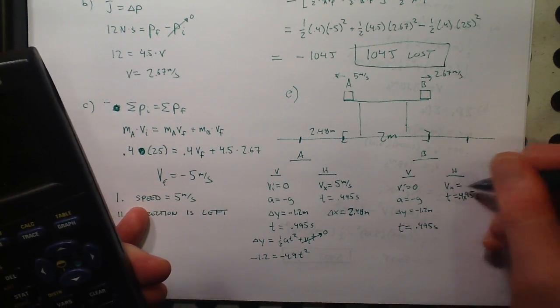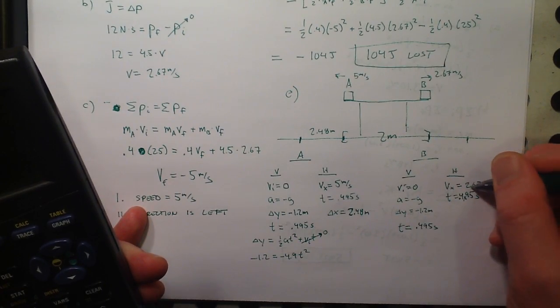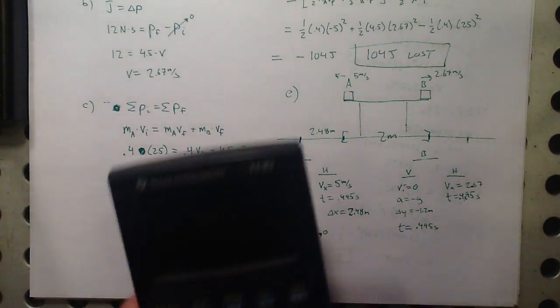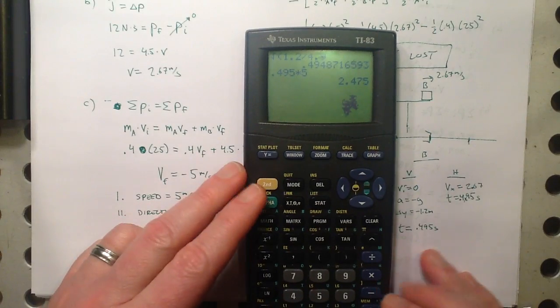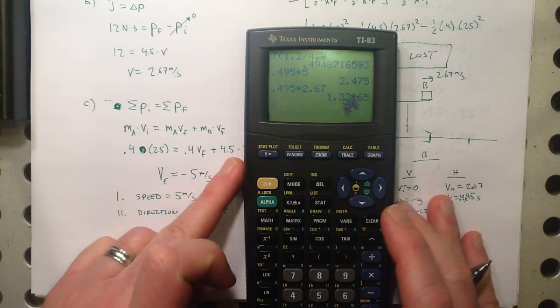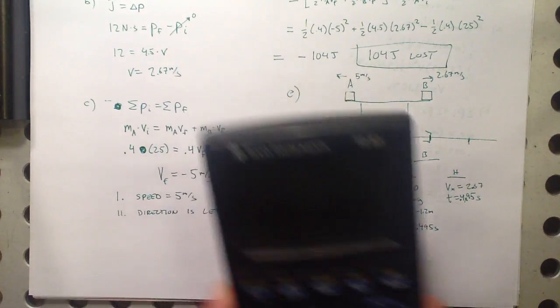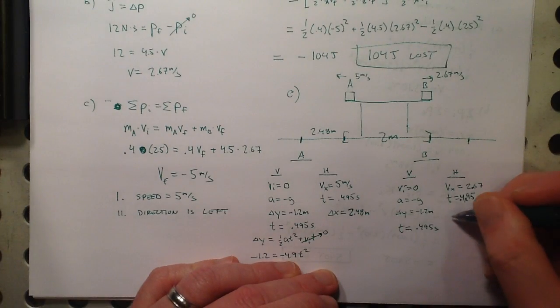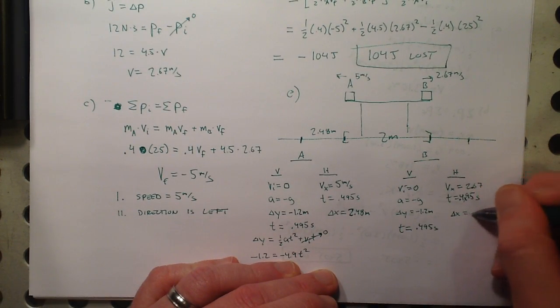Time is the same, and this is 2.67, so I just have half of that, which should be about 1.34 or 1.35, something like that. 0.495 times 2.67, 0.132 rather. Right, a little bit less. 1.32.